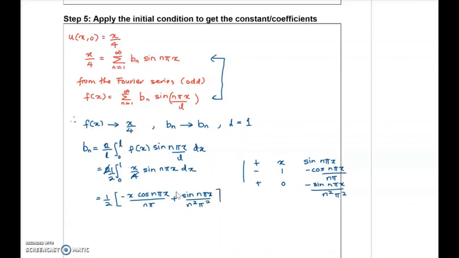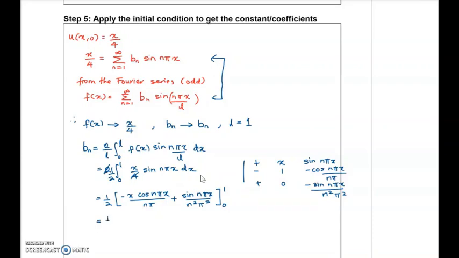So we evaluate this solution from 0 to 1. When x is 1, we have cos n pi x, which is going to be cos n pi. Then we know that cos n pi can be written as negative 1 power of n.